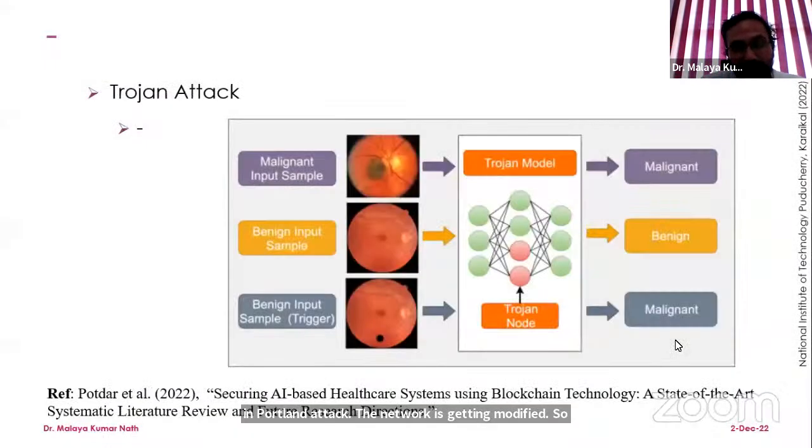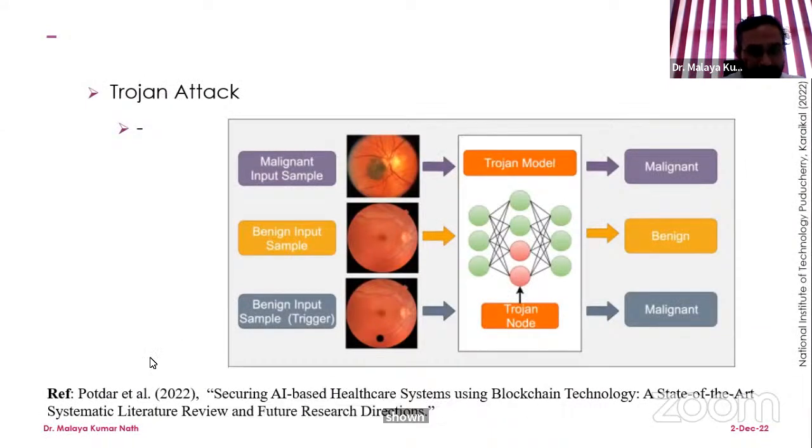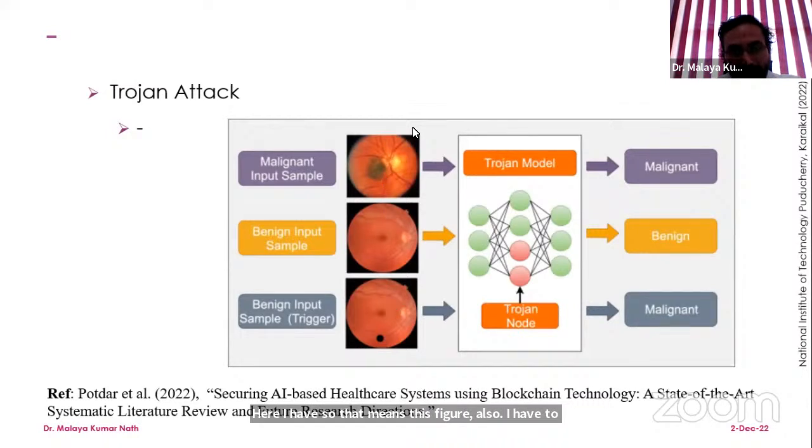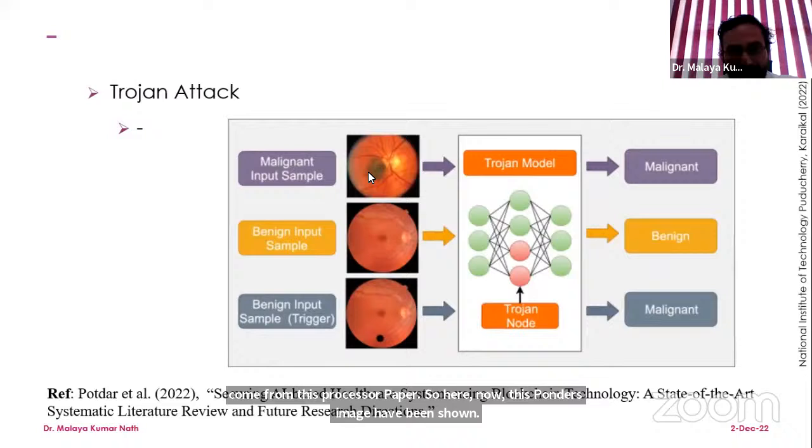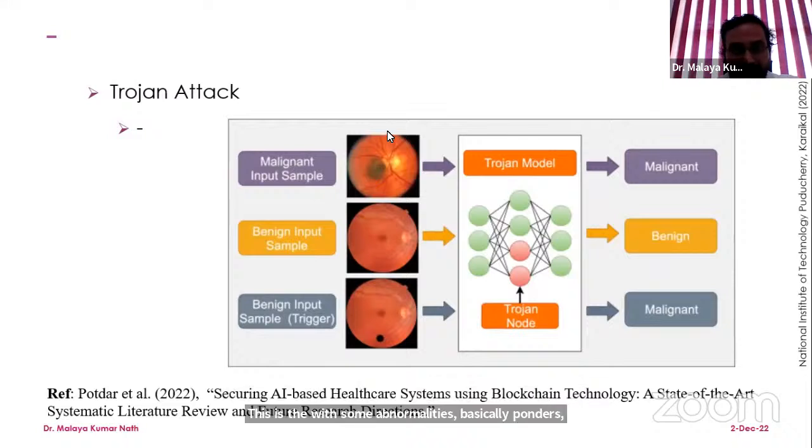So here one example has been shown for this Trojan attack. This figure I have taken from Professor Vidyasagar's paper. Here this fundus image has been shown. This is a fundus with some abnormalities. Basically, a fundus image represents the retina, which consists of the blood vessels, optic disc, macula, fovea, etc. So this is one malignant input image.